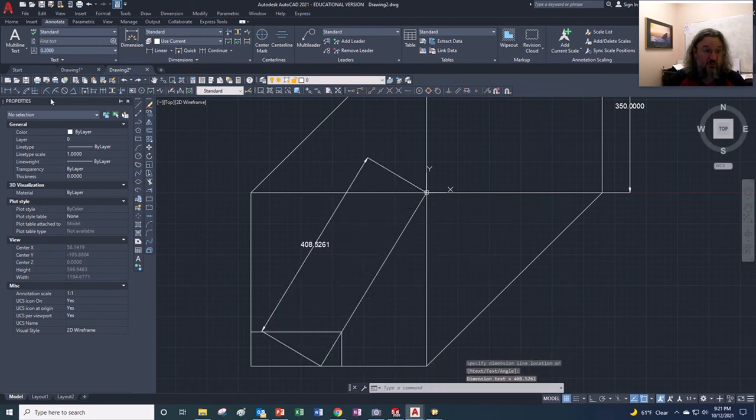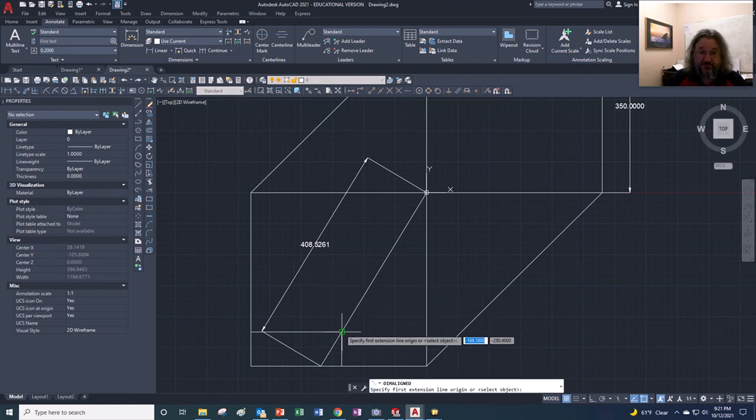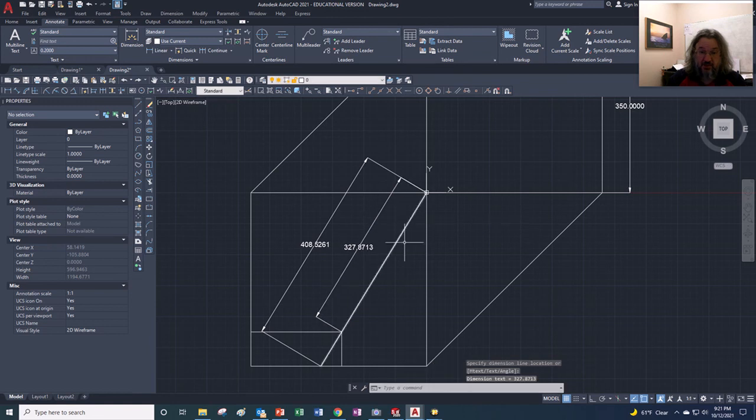There's that overall dimension, and then we will take this other dimension right there to right there. All right. And so let's find out what that is. We have 408.53, call it, and 327.87. Boom! Check it out.